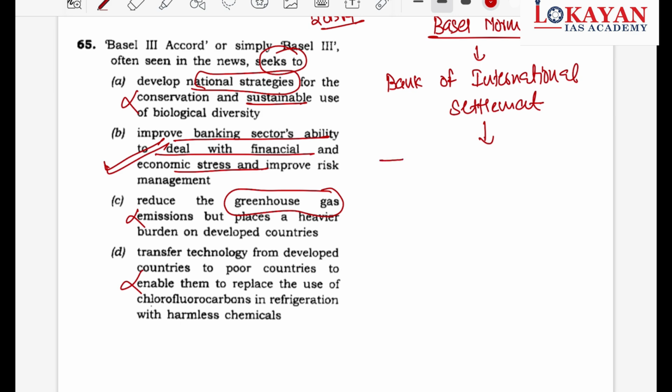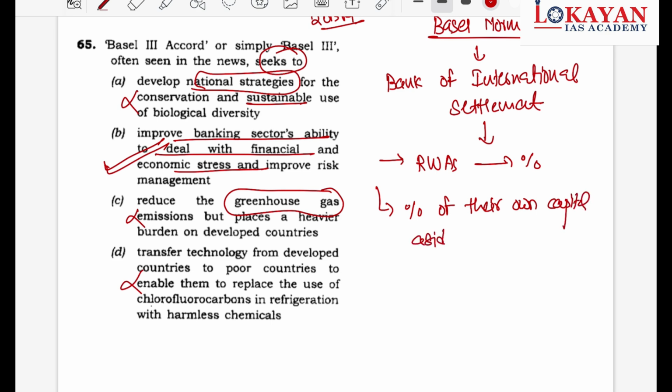The bank has to first identify risk weighted assets and assign them a percentage. Now, as per the risk weighted assets, the bank has to keep a certain percentage of its own capital aside, so that it can absorb the risk due to bad assets.